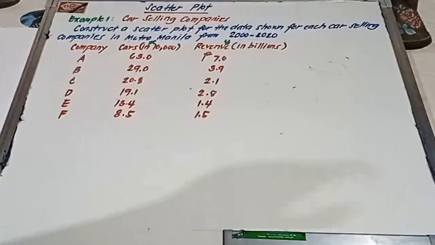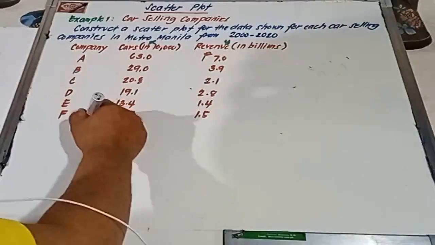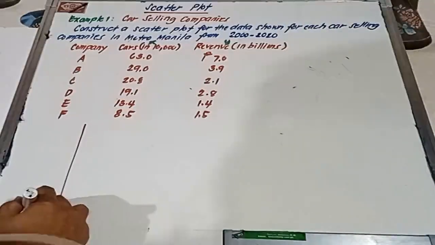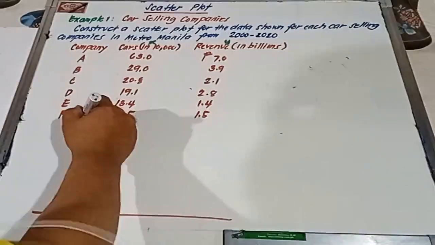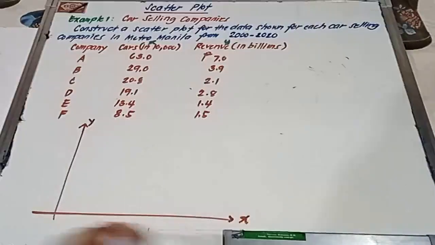Okay? Now, for our first step, we're going to construct an XY plane. And in constructing the XY plane, we're going to label the X and Y axis. So, construct tayo ng X and Y axis. Ito yung ating Y at ito yung ating X. Okay?